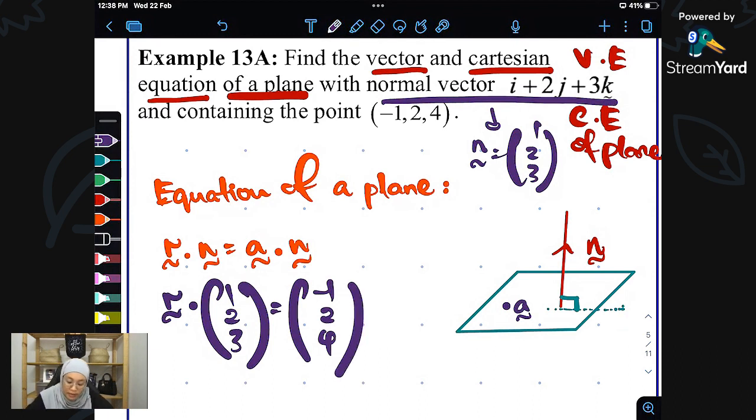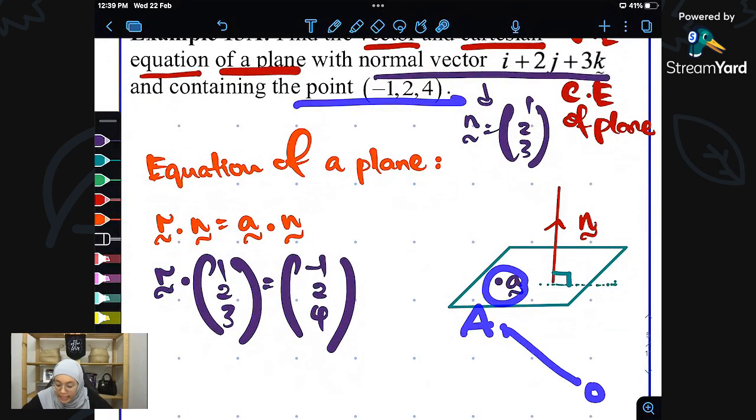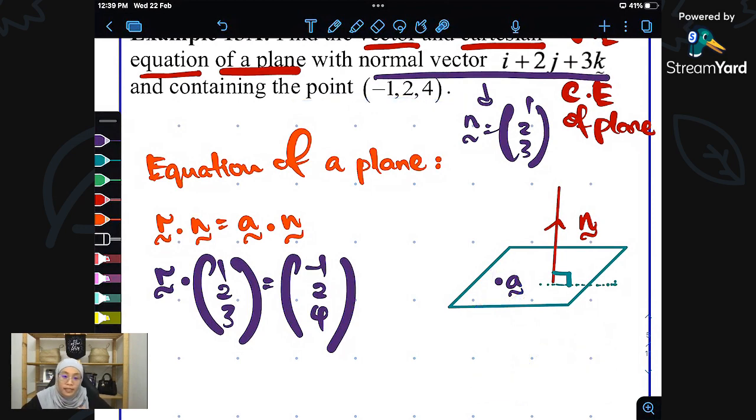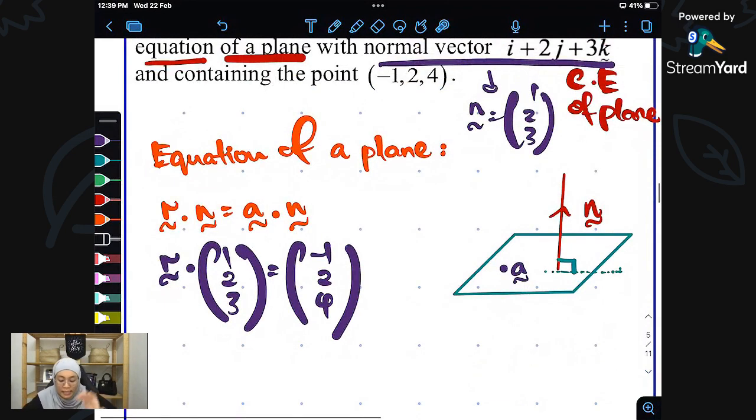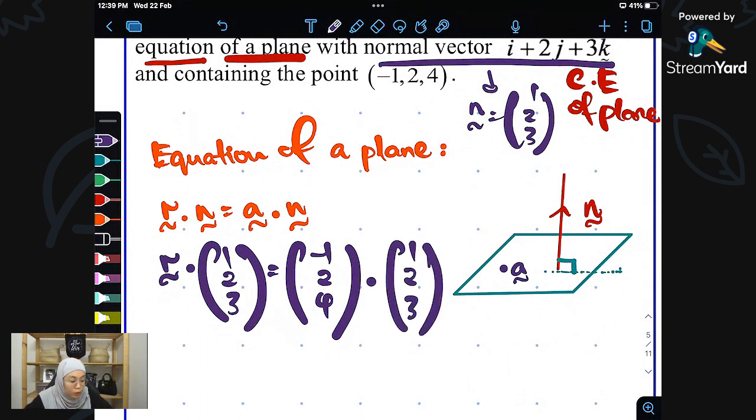Like I mentioned just now that this is the position vector. Walaupun dia bagi you all a point, yes, this is a point. Just think of it as a point A from the origin 0. Okay, so this is a position vector ataupun A vector kita panggil dia. So masukkan sahaja negative 1, 2 and 4 and dot it back with its normal vector 1, 2, 3.